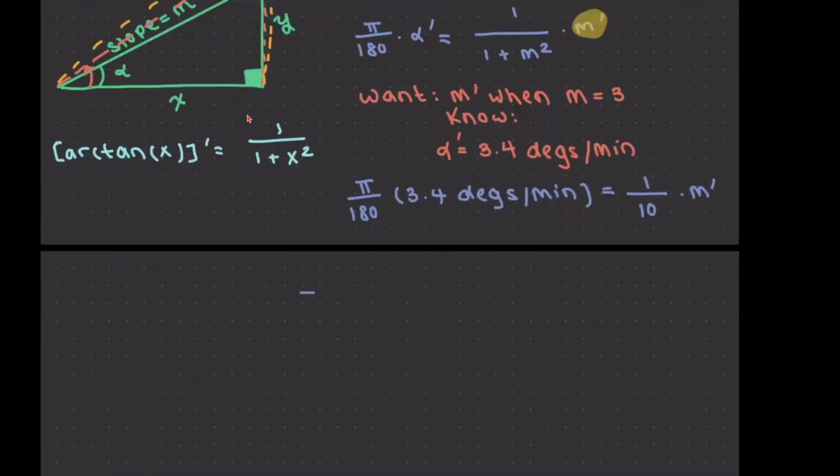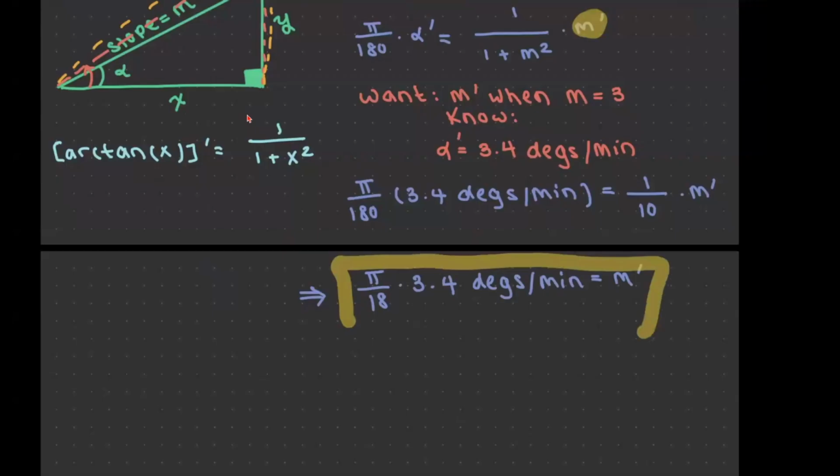I'll multiply by 10 on both sides. So 10 pi over 180 is pi over 18. So pi over 18 times 3.4 degrees per minute equals m prime. And this will be our answer.